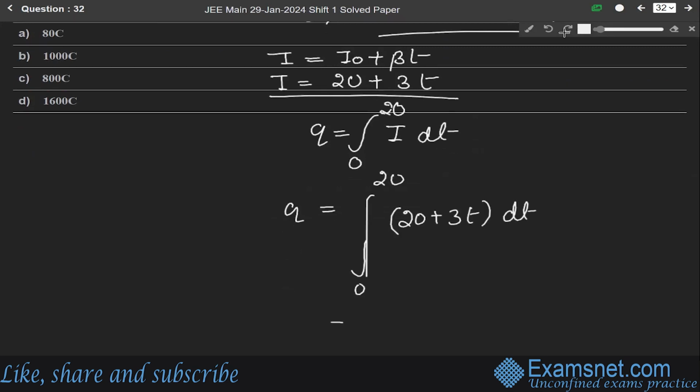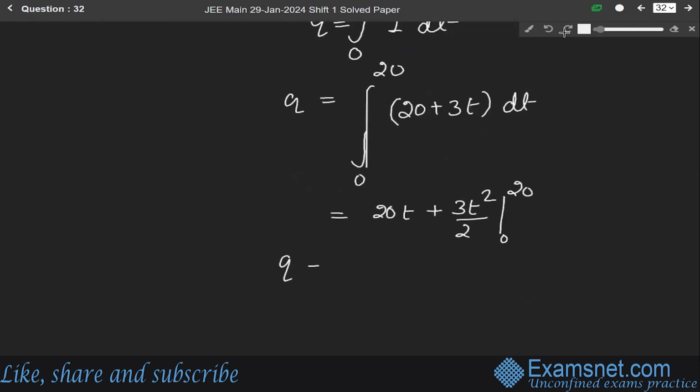So it will become 20t plus 3t square by 2, with limit 0 to 20. So the charge Q will be equal to 20 into 20 plus 3 by 2 into t square, means 20 whole square.